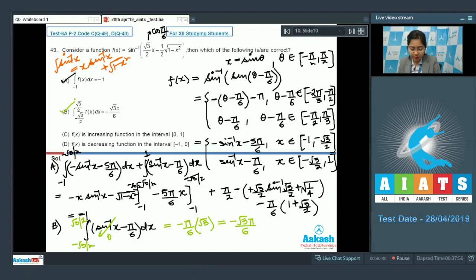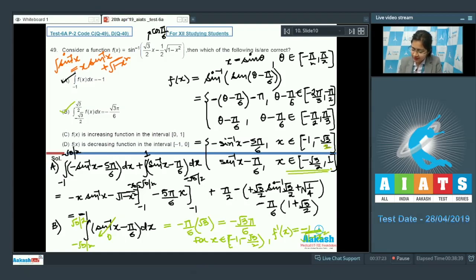Now we have to find whether f(x) is an increasing or decreasing function. For x going from minus 1 to minus root 3 by 2, its differentiation f dash x will be equal to minus of 1 upon under root 1 minus x square.